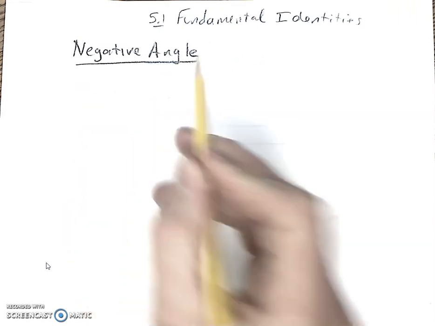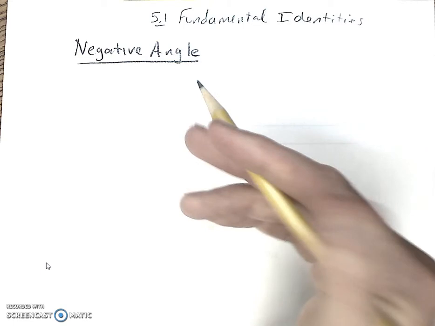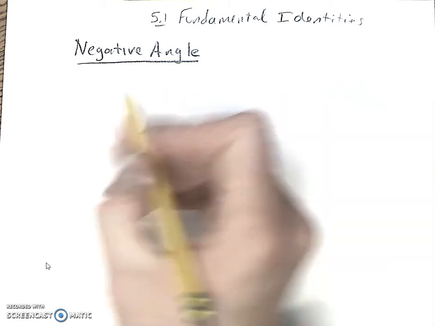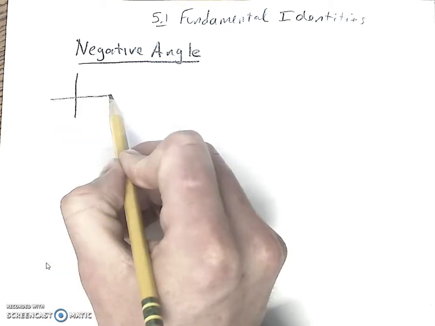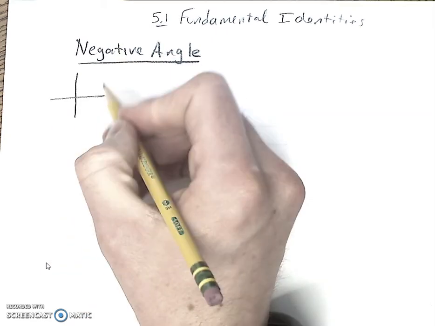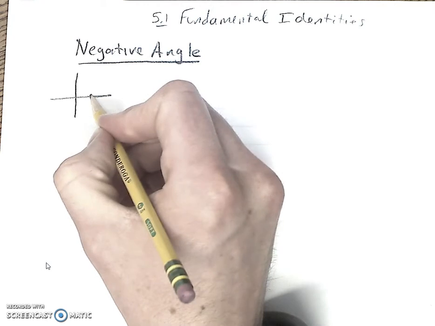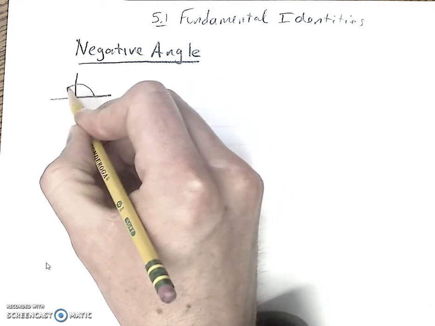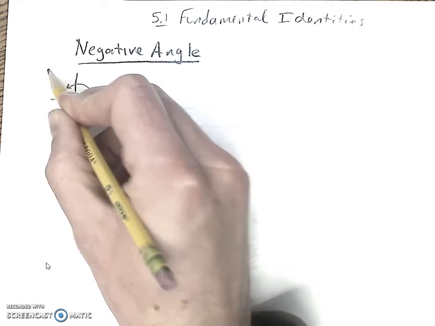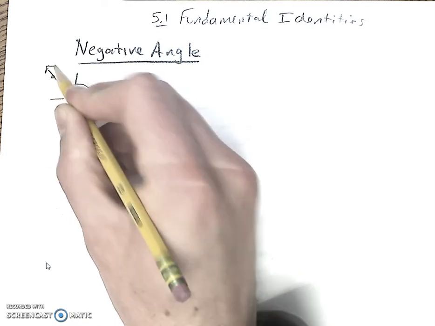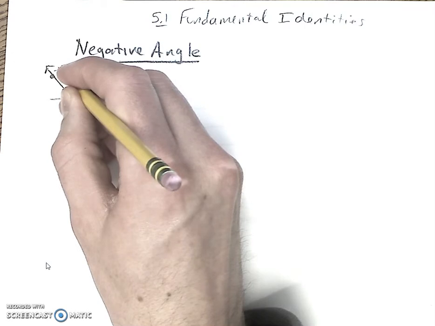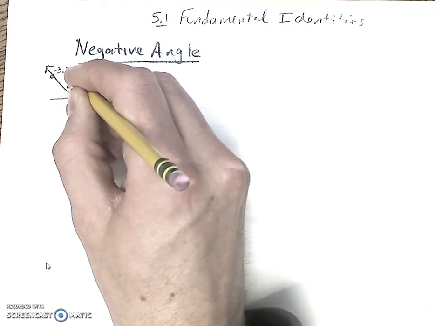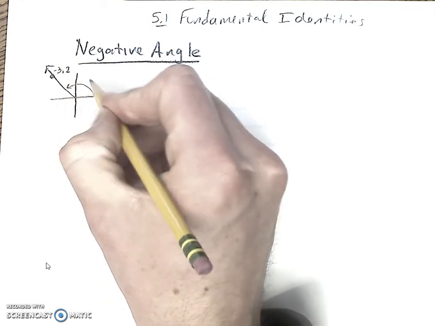All right, and to kind of get a picture of what this means, if I have an angle that, let's say, rotates all the way out here, and a point on the terminal end of this angle is, let's say, -3, 2. Okay? And that's theta.